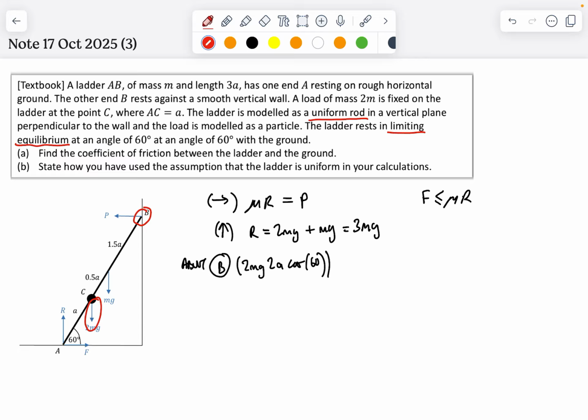Now remember that our force has to be perpendicular to our pivot.